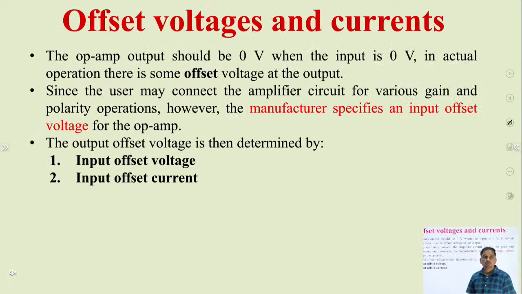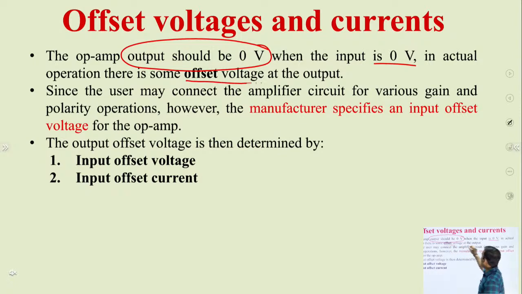The first thing, as I was telling you, is that the op amp output has to be 0 when the input terminals are connected to ground, but in actuality there is some offset: some voltage appears at the output terminal of the op amp, and that is called offset. So the manufacturer specifies some offset voltage corresponding to the operational amplifier.